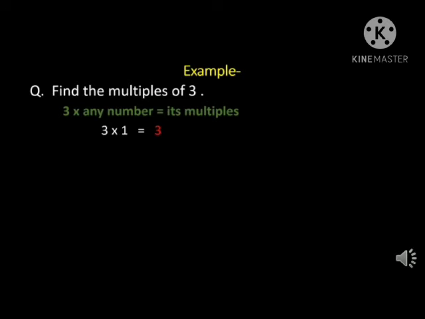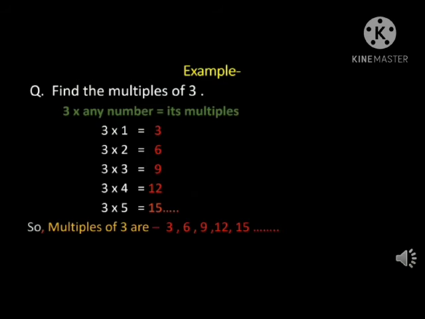Here 3 multiplied by 1, 2, 3, 4, 5 and so on gives 3, 6, 9, 12, 15 and so on. Thus we get a series of multiples by multiplying with the given number by the other numbers. Therefore, we get multiples of 3 as 3, 6, 9, 12, 15 and so on.